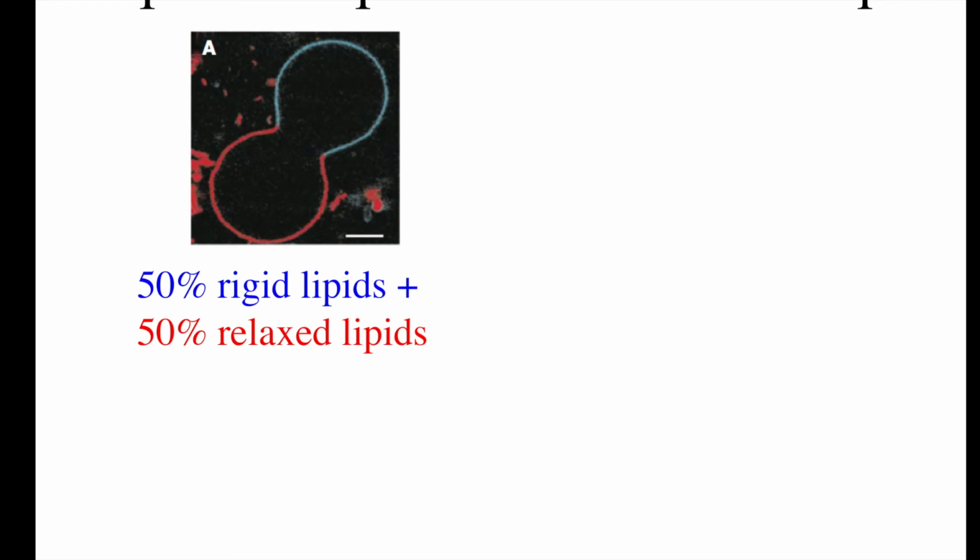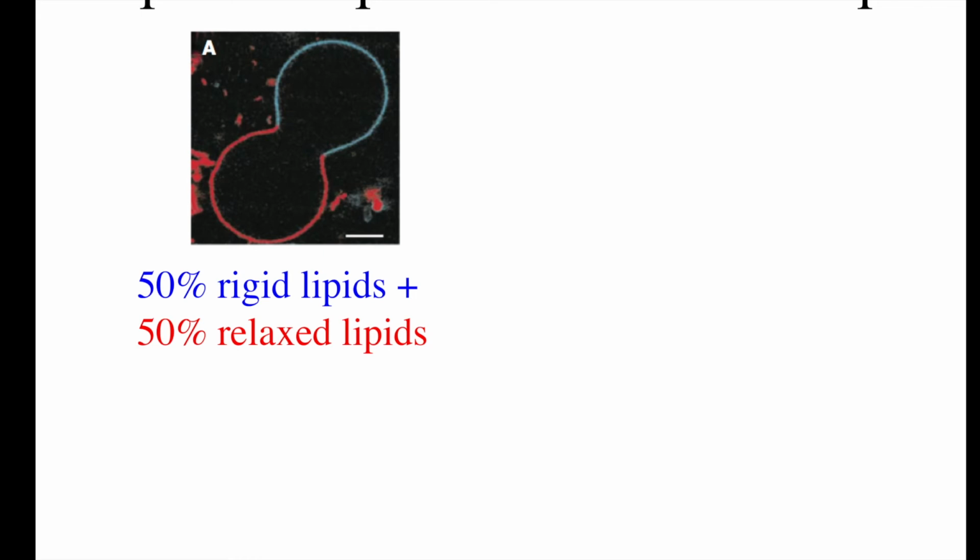Okay, another example of how lipid composition can affect membranes is in this experiment where they took a bunch of vesicles and they had fluorescent blue for lipids that tend to be more rigid, and fluorescent red for lipids that tend to be more relaxed.